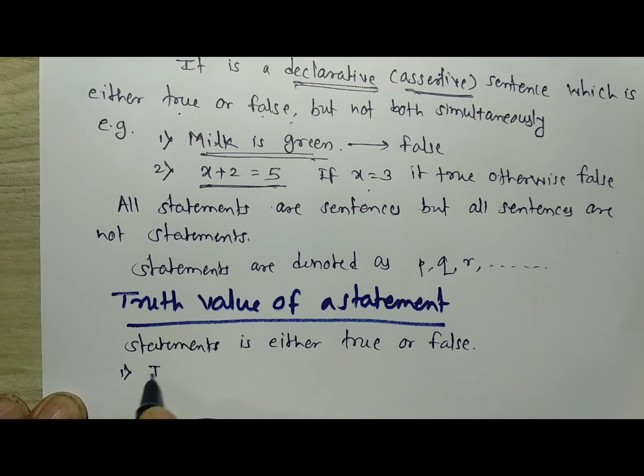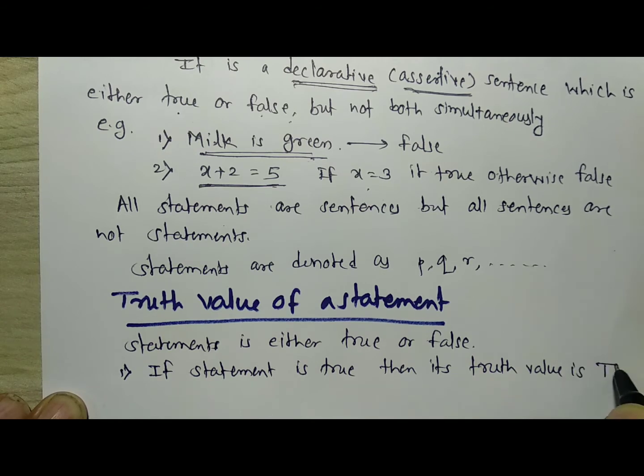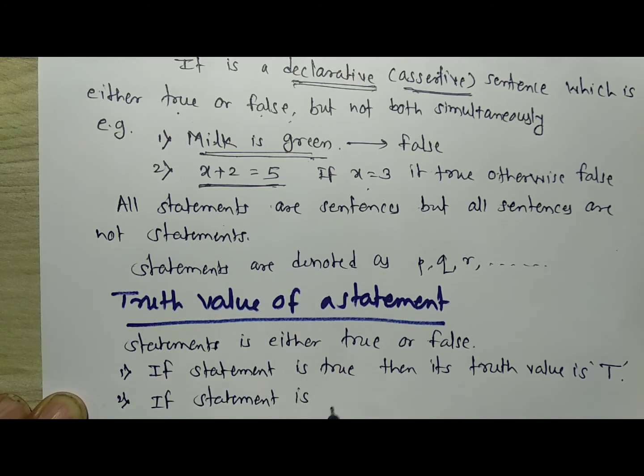First of all, if a statement is true, then its truth value is T, capital T. And the second one is, if a statement is false, then its truth value is capital F. Those are the truth values of a statement.